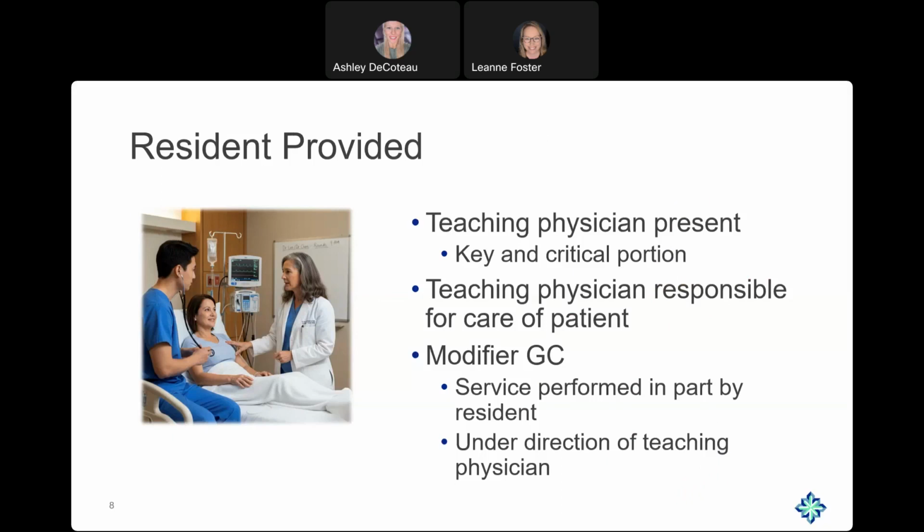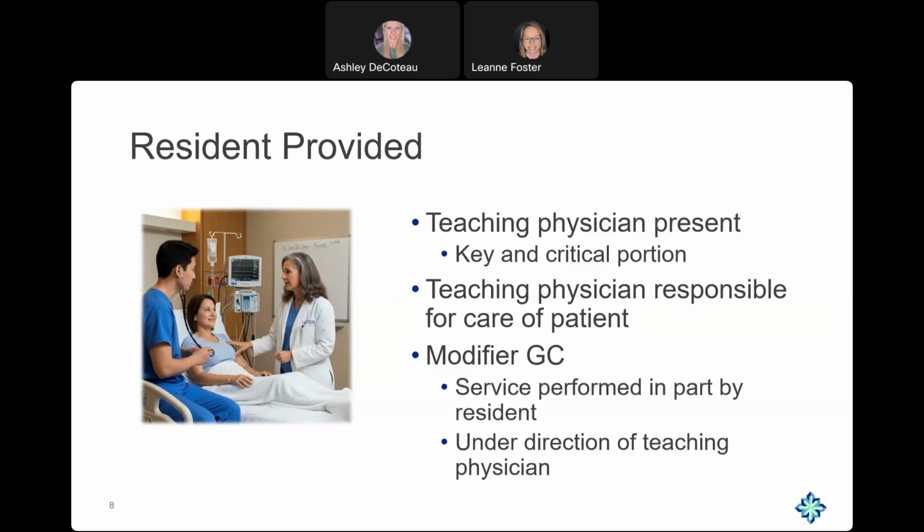Now, when the teaching physician is involving the resident in the care of their patients, the teaching physician does need to be physically present during the key and critical portions of the service. So in these situations, the patient would look to that teaching physician as their provider.